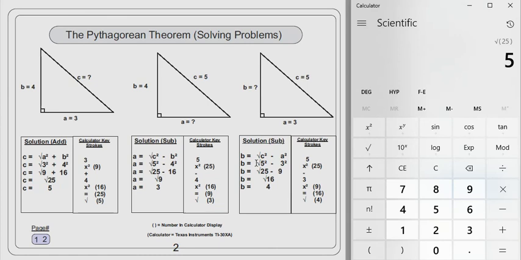B is equal to the square root of 5 squared minus 3 squared. B is equal to the square root of 25 minus 9. B is equal to the square root of 16. When we square root 16, B is equal to 4. And here's your keystrokes over here.